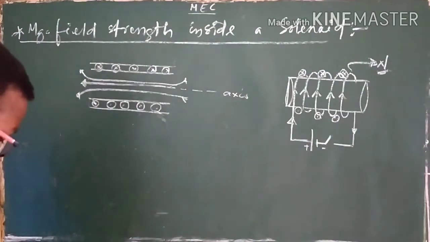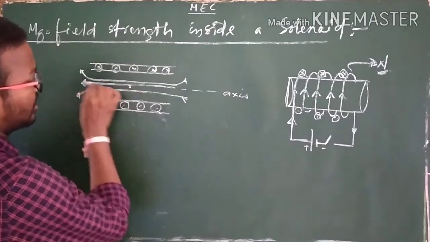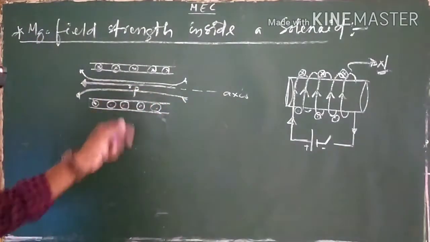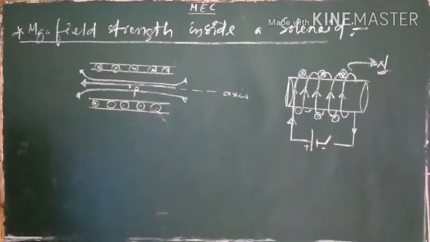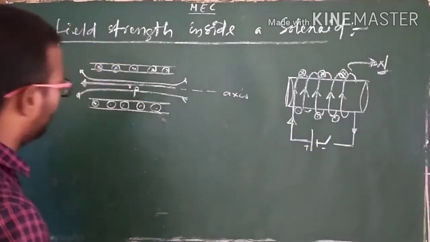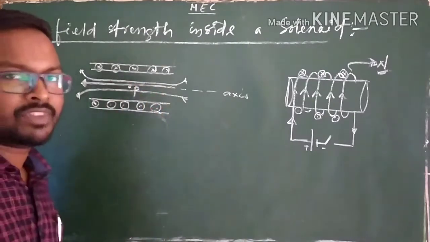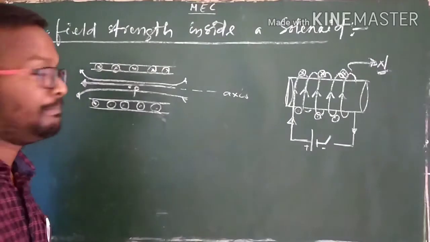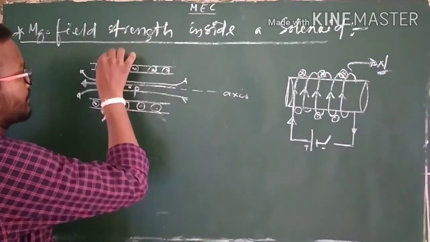Clear? Okay. Now suppose we have a point P on the axis of a solenoid, where we have to find the magnetic field strength by using Ampere's circuital law. So how can we find the magnetic field at point P? First, we have to imagine an Amperian loop.